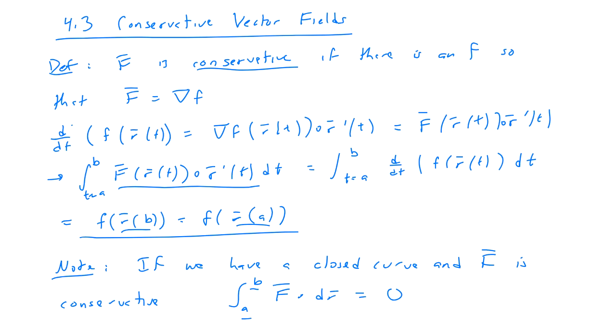You just immediately say the integral is 0 because it's a closed curve if it's conservative. If it's not, you'd have to actually go through each piece. So this is why we care about conservative, because it makes it fairly easy.